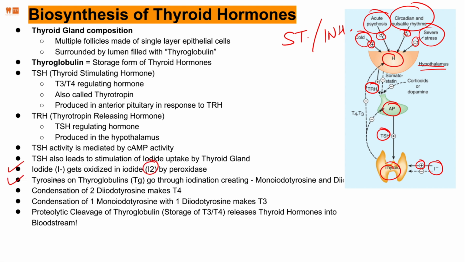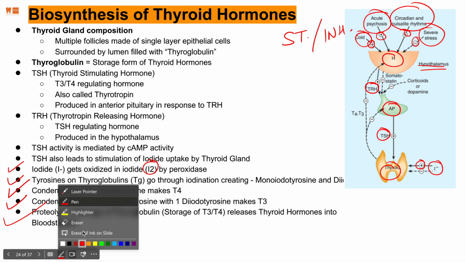I2 will meet with tyrosines located on the thyroglobulins through the iodination process and create MIT-DIT. 2 DIT is T4, 1 MIT and 1 DIT is T3, and then of course storage. Very normal, okay? Everything is good so far.